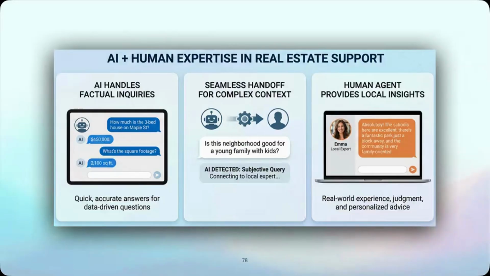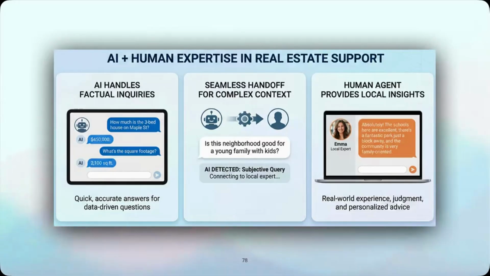For example, imagine you are talking to an AI support agent from a real estate company. The AI can easily answer factual questions like price, location, or square footage, but then you ask something more subjective, is this neighborhood good for a young family with kids? At this point, the AI recognizes that this requires human judgment and local experience.